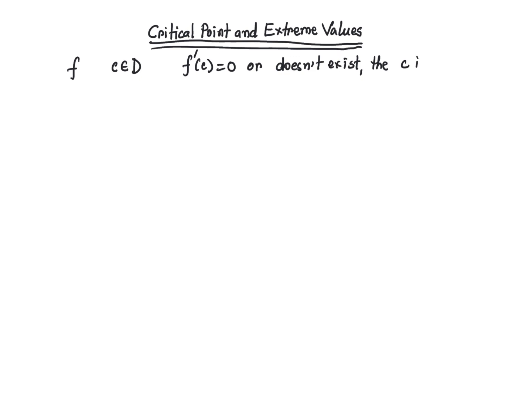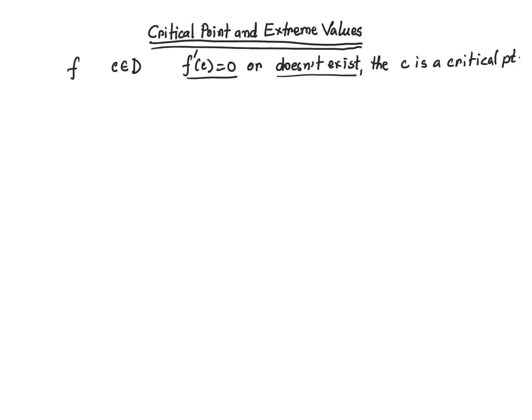So a point c in the domain of a function is called a critical point if the derivative of the function at point c is either 0 or it doesn't exist.